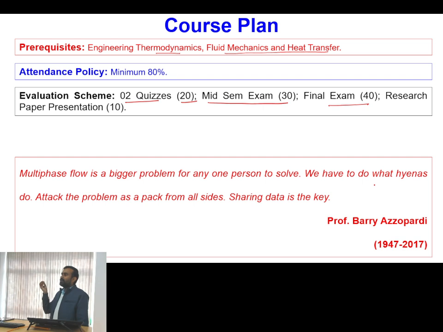So there we make thousands of assumptions. For example, even in flow through a pipe, we say that flow is parallelly aligned along the wall of the pipe, so there is no component of velocity in the normal direction. All these are nothing but simplifying assumptions.